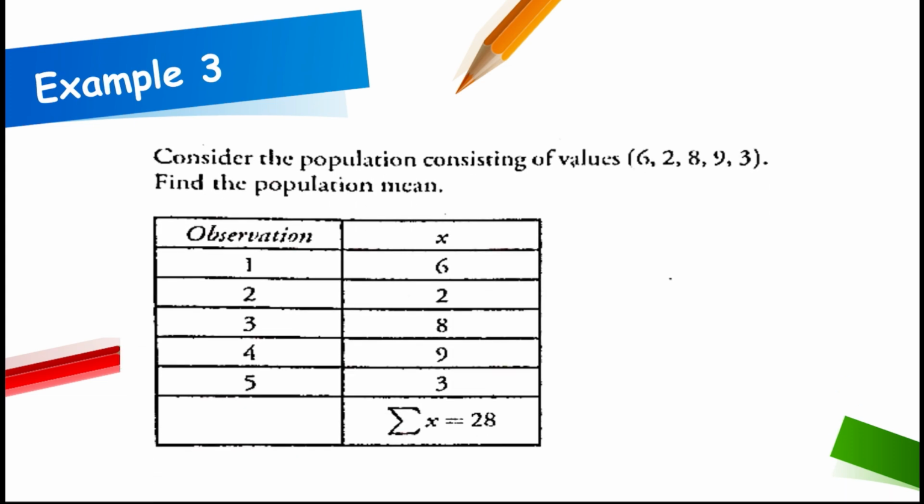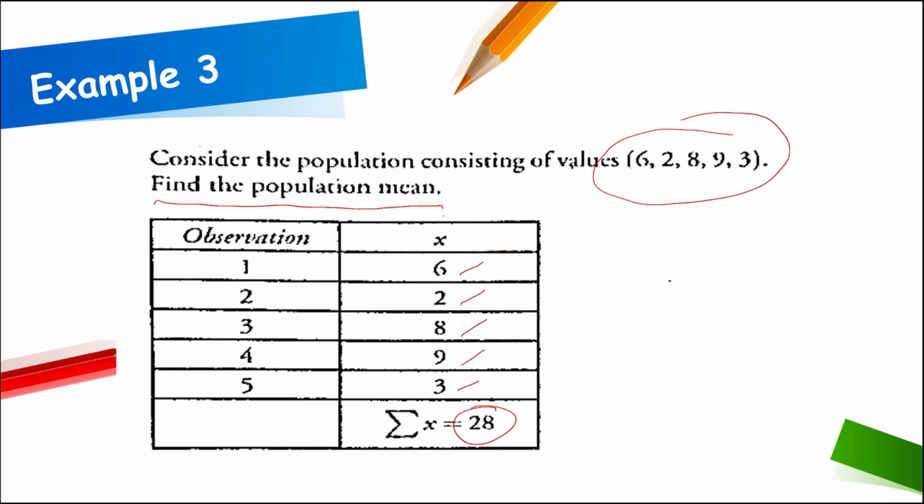Example number 3. Consider the population consisting of the values 6, 2, 8, 9, and 3. Find the population mean. To find the population mean, let us plot the following population values in a table. As you can see, there are 5 population values, therefore, there are 5 observations.